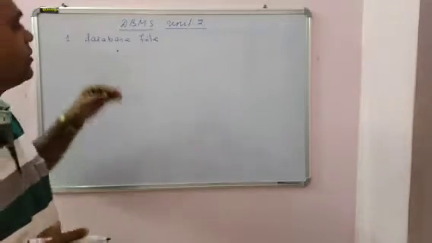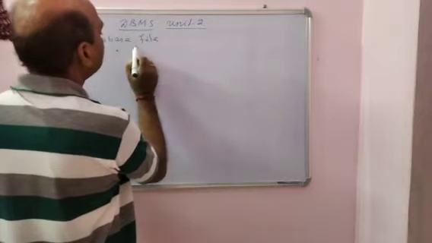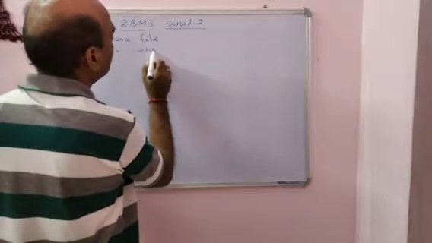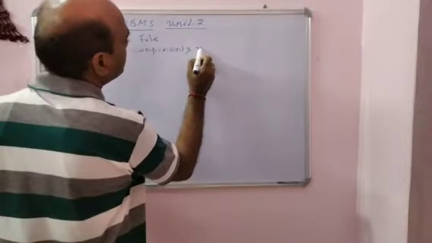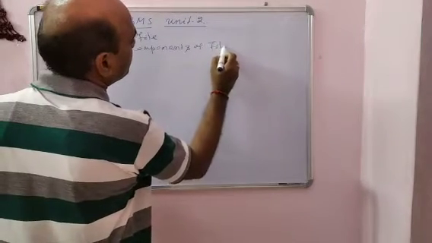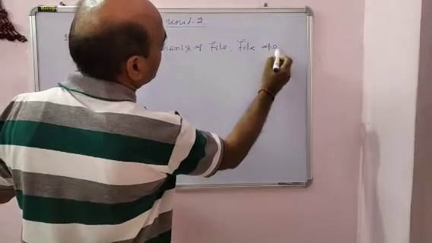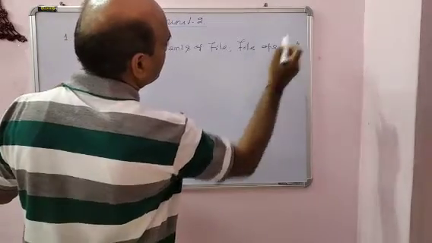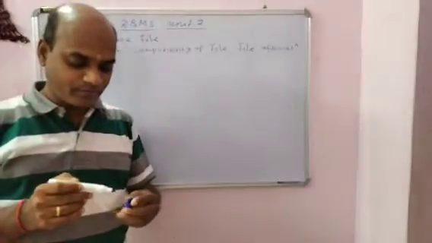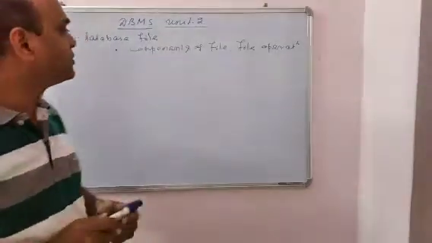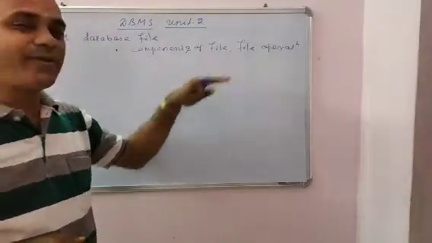Okay. In this file system we have learned components of file, different file operations, like components like field, record, where all the data values are stored in a specific format.